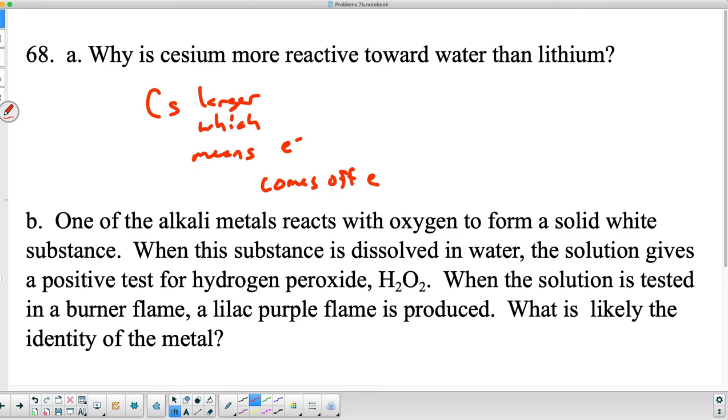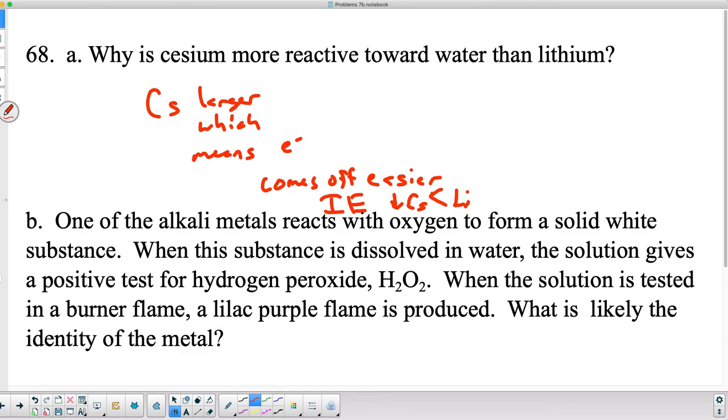What I'm talking about, of course, is the ionization energy is lower for cesium than it is for lithium. So lithium would be less than. So the mouth of the alligator opens to the bigger quantity. Okay, so cesium's larger, which means the electron is further away from the nucleus, which means it's easier to pull off, which means the ionization energy is less.